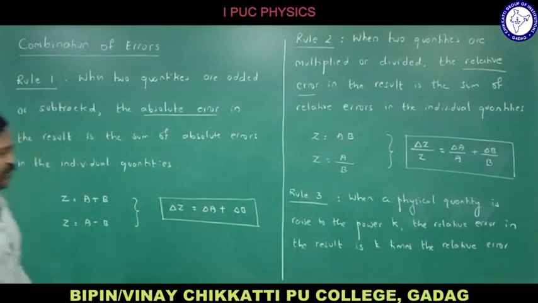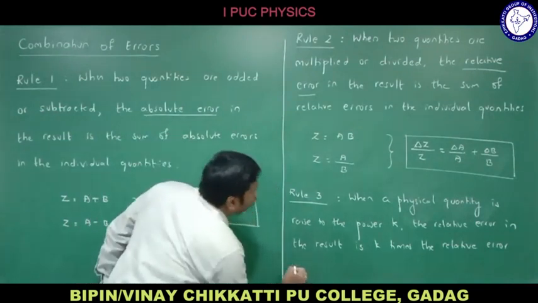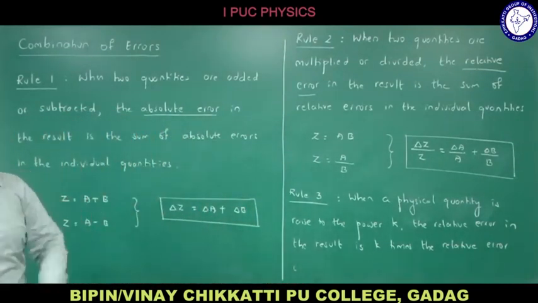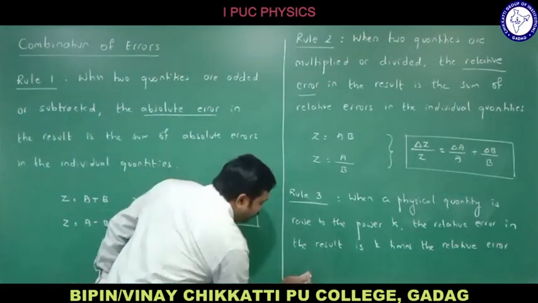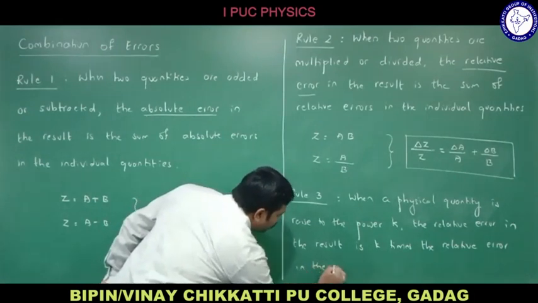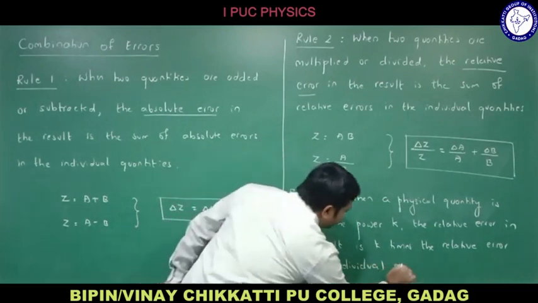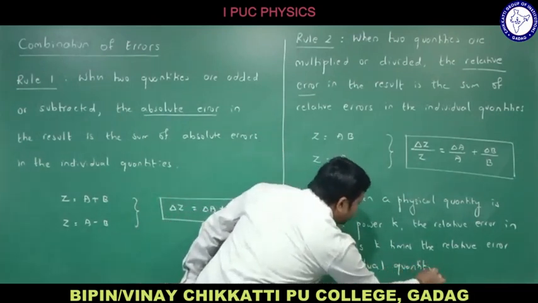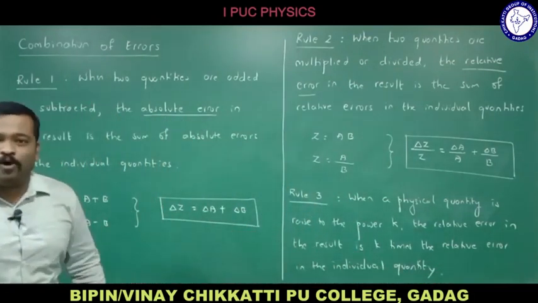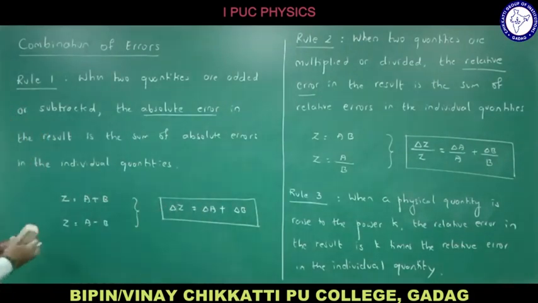See, when a physical quantity is raised to the power k, the relative error in the result is k times the relative error in the individual quantity. Simple.